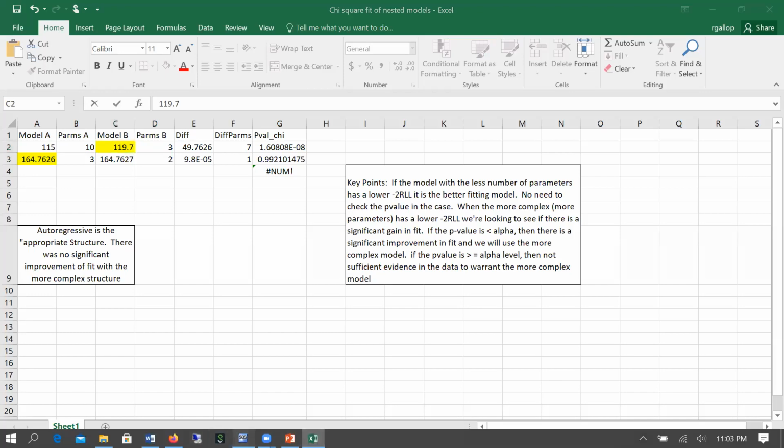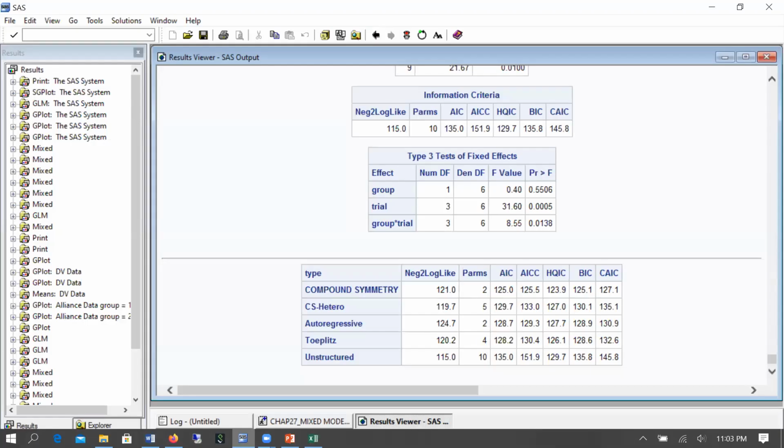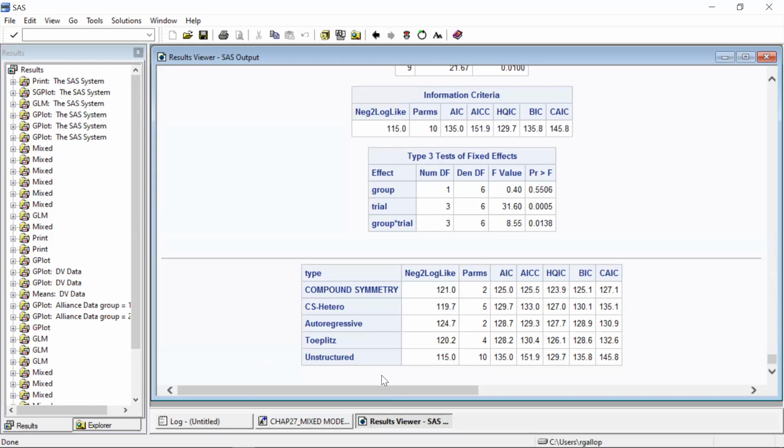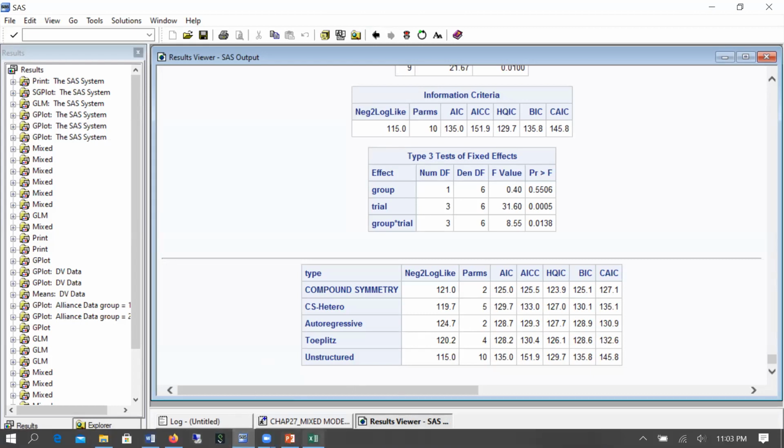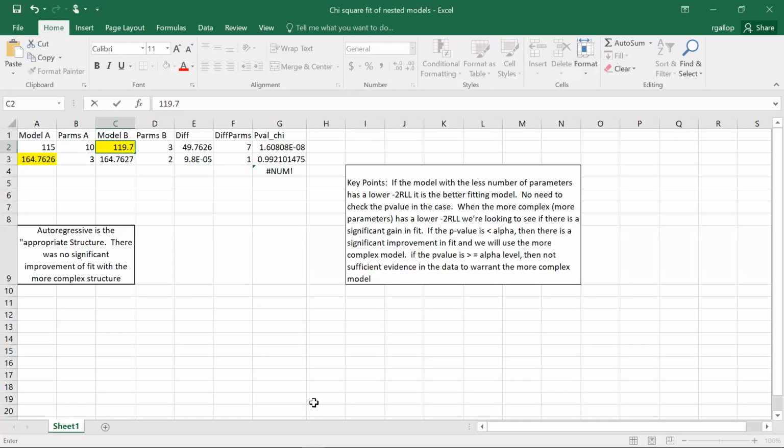If I go back to SAS, this required 5 parameters. So when I go here, I put 5. We see there is not a significant difference in gain of fit by going from unstructured to compound symmetry heterogeneous. I'll use this next.